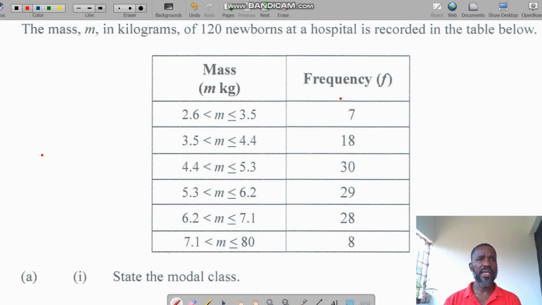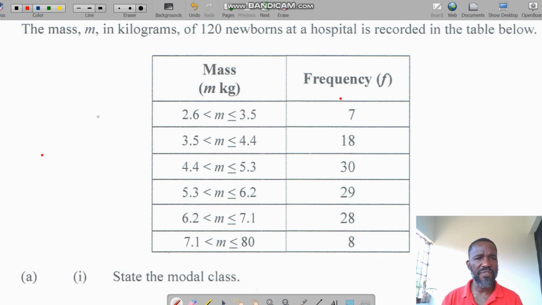So let's go. It says the mass in kilograms of 120 newborns at a hospital is recorded in the table below. So the groups are on the left and the frequency are on the right. We have 2.6 to 3.5, we have 7.